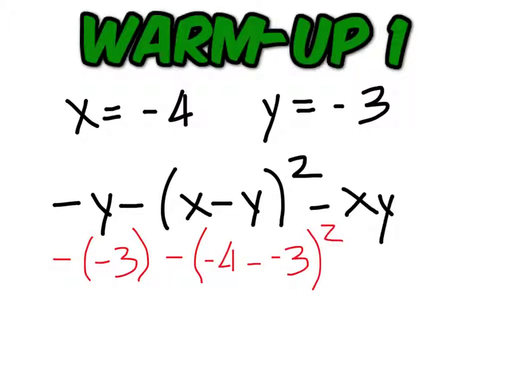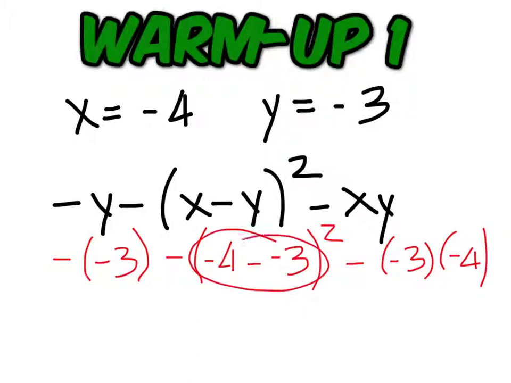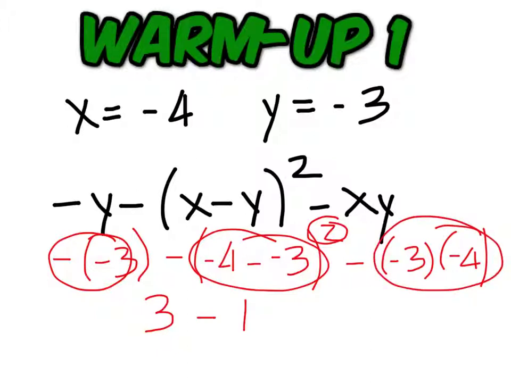Square that quantity and then minus -3 times -4. So inside here you have a -1, square it to get 1. Double negative gives you a positive, so 3 minus 1. And then back here, double negative is 12, but you have a minus sign. 3 minus 1 is 2, minus 12 should be -10.